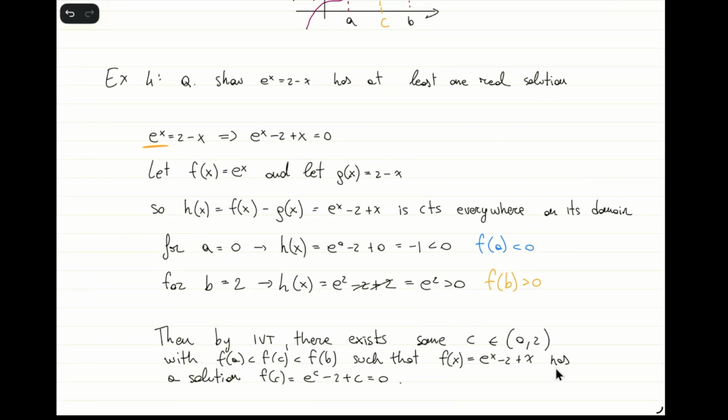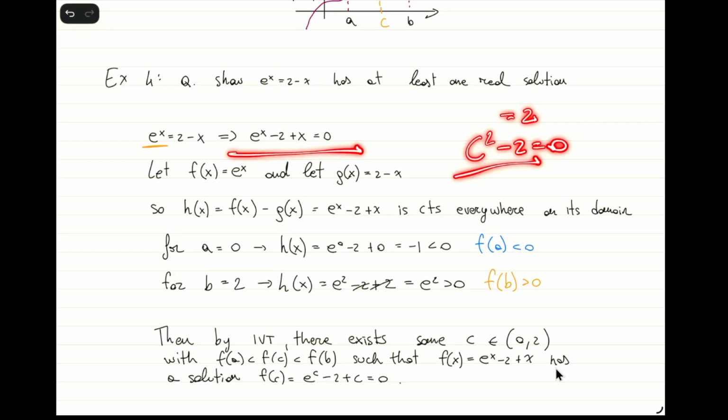So if we were asked to show that the root of 2 exists, we could just say that c squared is equal to 2. So which means c squared minus 2 will be equal to 0. And see the pattern now? We have c squared minus 2 and something like this equals 0.